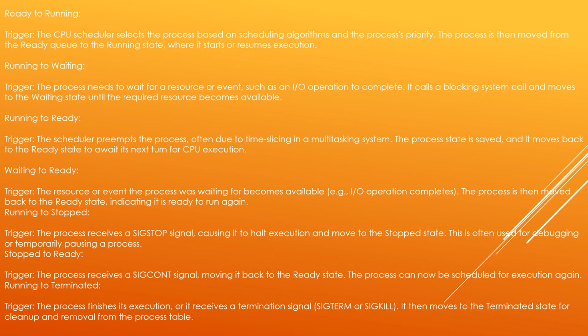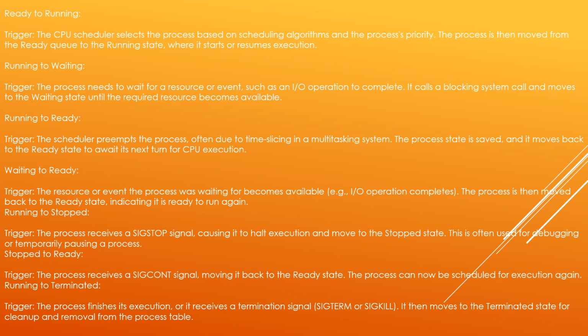Waiting to ready. The resource or event the process was waiting for becomes available. The process is then moved back to the ready state, indicating it is ready to run again.